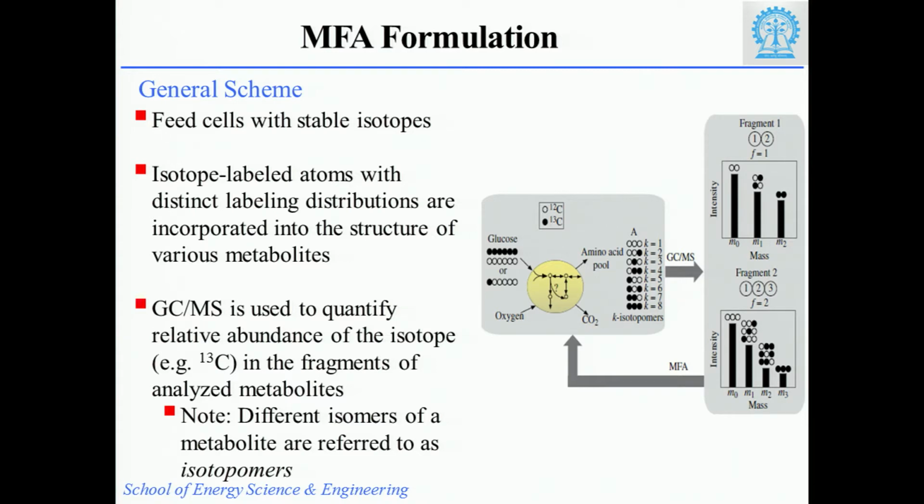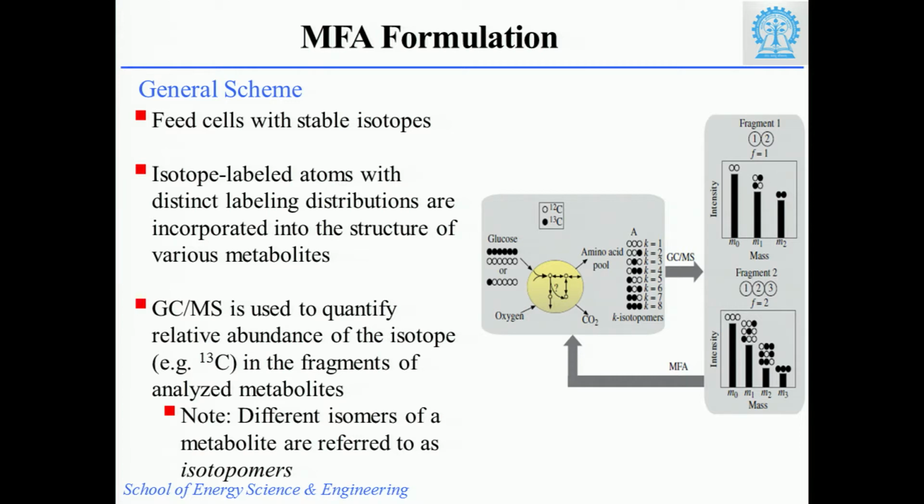The first one can be none of them labeled, then the first carbon labeled, then the second carbon labeled, then the last 2 carbons labeled, and so on. Like that you have 8 different combinations for a 3 carbon system, and this can be measured using GC-MS.